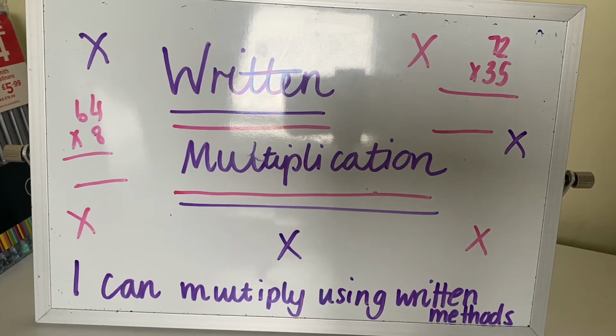But now we are going on to do written multiplication, which, as you can see from some examples here, are our lovely chimney sums, as we like to call them, or column methods, where we are writing out sums and figuring out the answer in smaller steps. And this allows us to tackle larger numbers in smaller chunks as well. So we'll get into our videos and see what we're doing today.